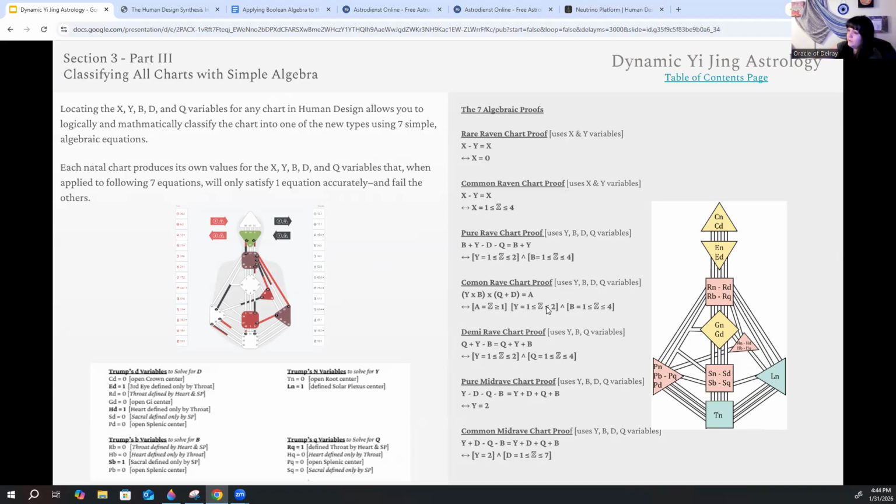His Y is 1. You want his B to be 1 through 4. His B is 1, and you don't want it to be 0. His Q is 1 and his D is 2, so it will be a positive integer.